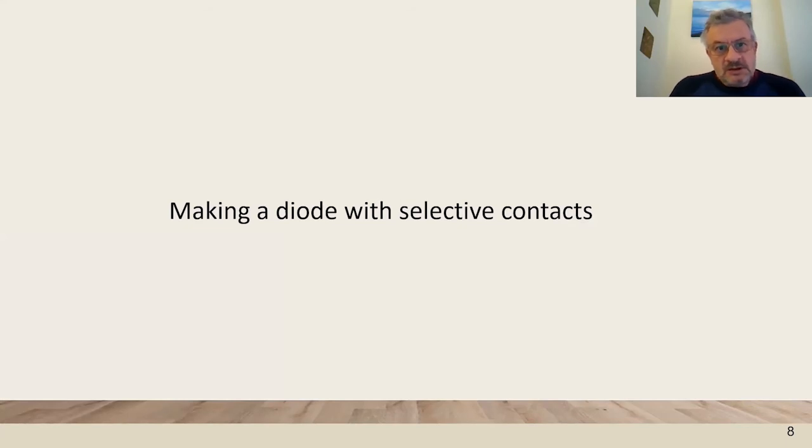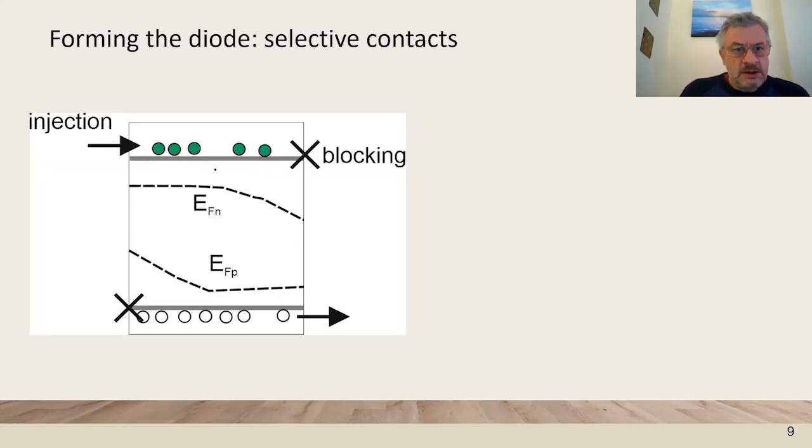Now we move to the structure of a diode. And this is basically a device that will inject electrons on one side and holes on the other side. To form a diode structure, we need the contacts to be selective to only one carrier.